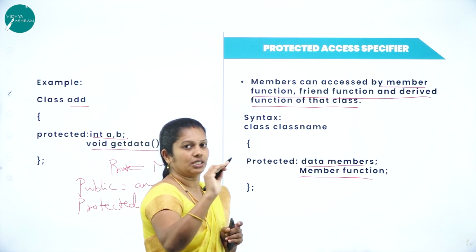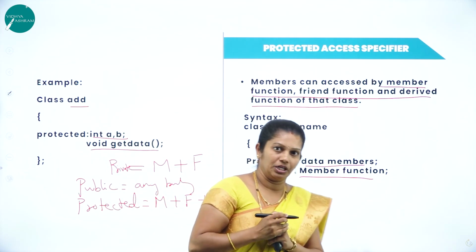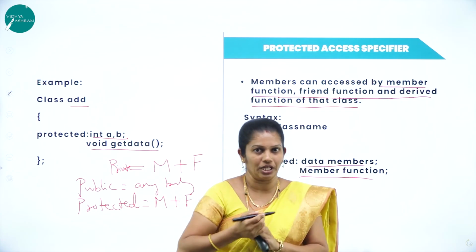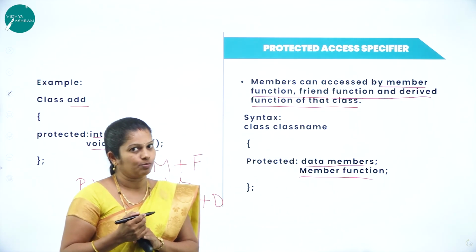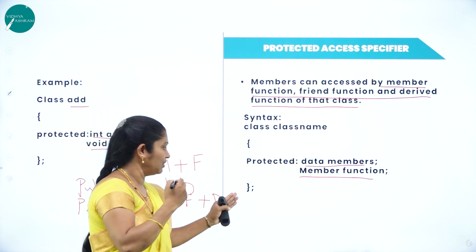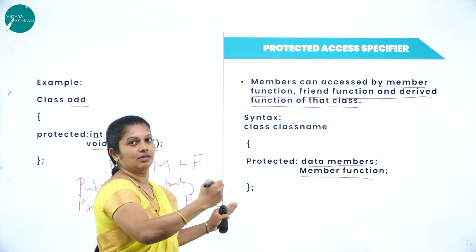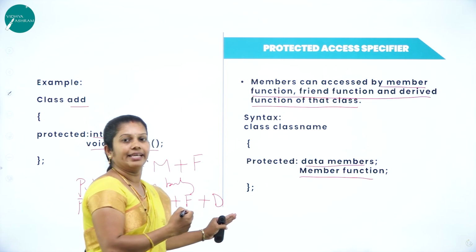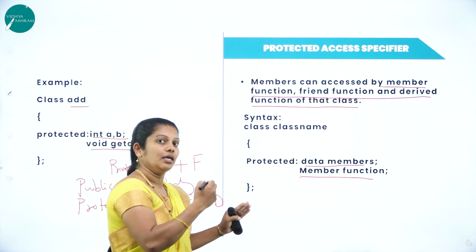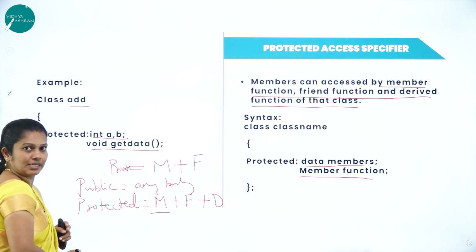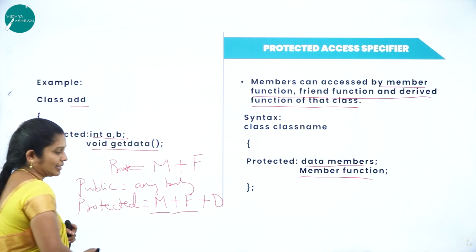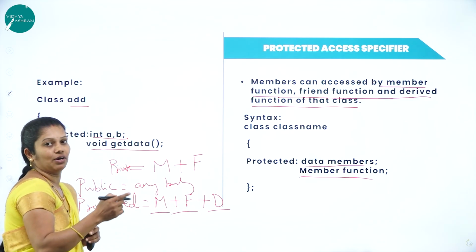Consider the patient is under operation, or he wants to go for the operation. At that time, generally children are not allowed in the hospital, is it not? But in that case, if that patient wants to see their daughter's son-in-law, then they can see her. Here, what happens? In protected, family members can see, friend function can also access, as well as derived functions can also access here.